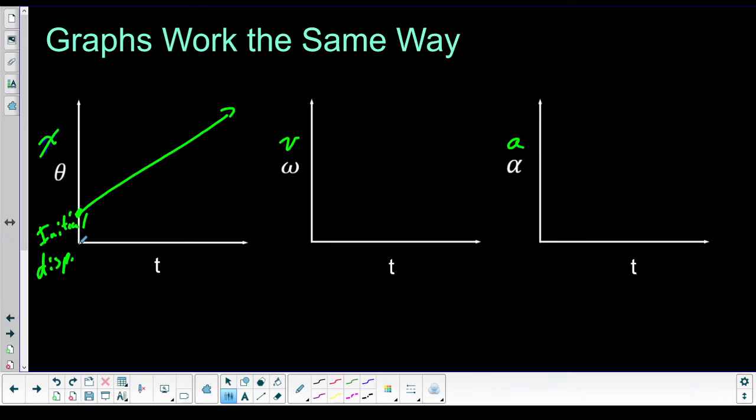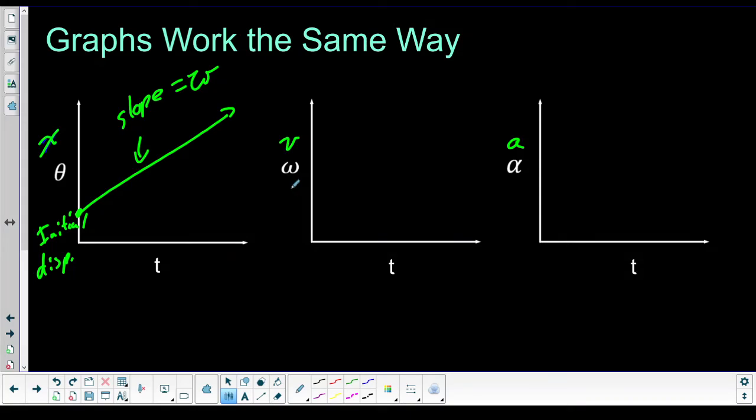Okay. And if we're looking at x versus t graph, what does the slope represent? Well, the slope is velocity. So if we're looking at a theta versus t graph, the slope is omega, our angular velocity. Exactly the same way that our linear stuff works.